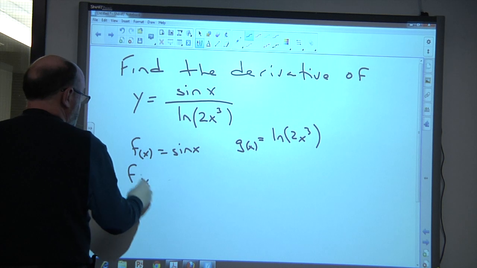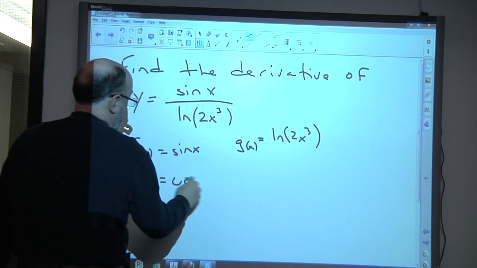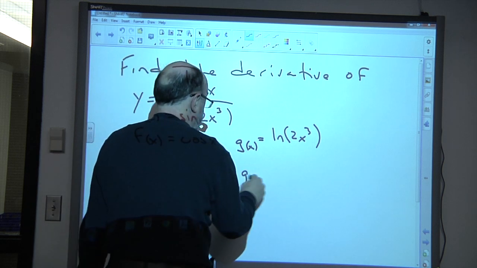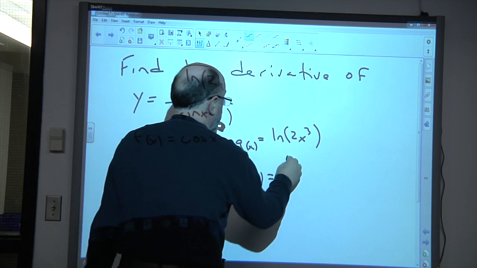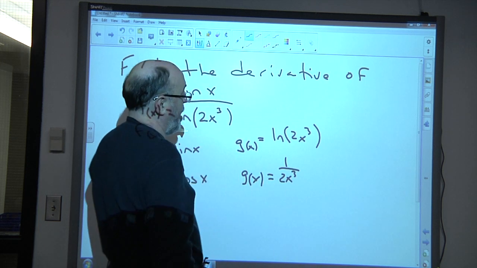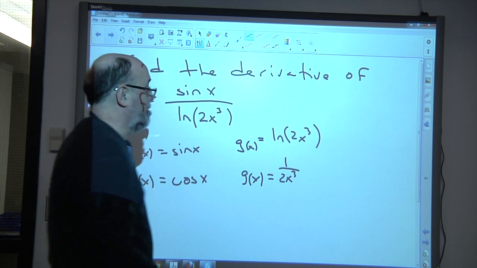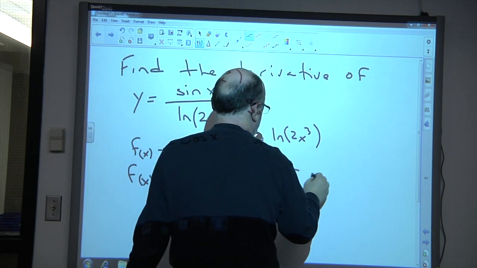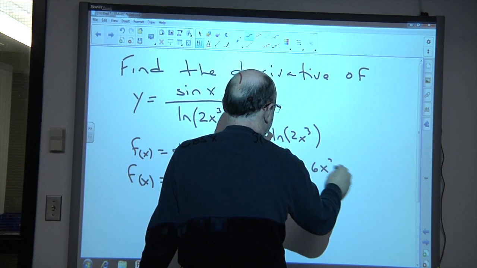Derivative of sine is cosine. Derivative of the bottom piece is going to be 1 over 2x cubed. But then, like we saw before, in terms of the chain rule, we need to take the derivative of this. And this will give us 6x squared.